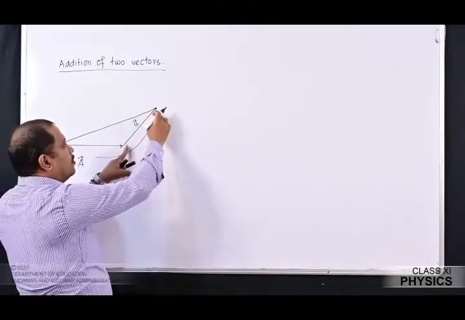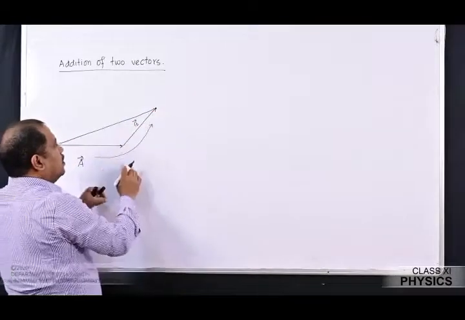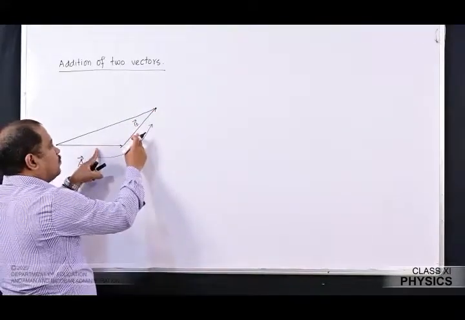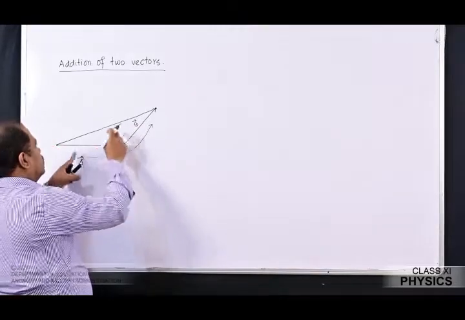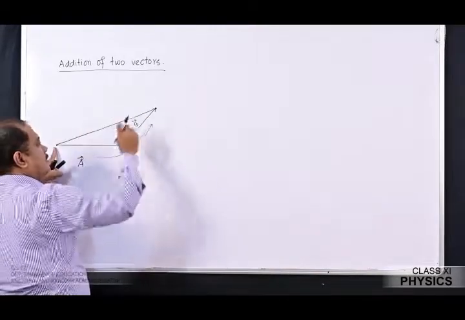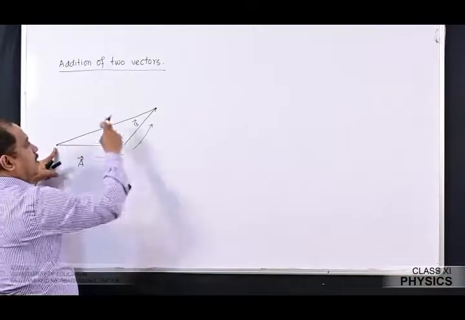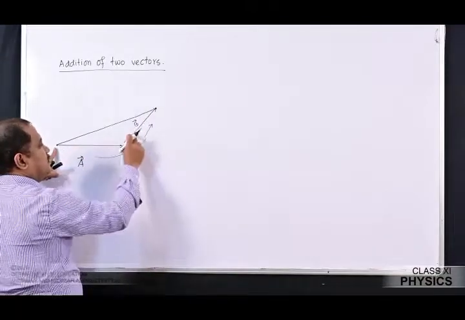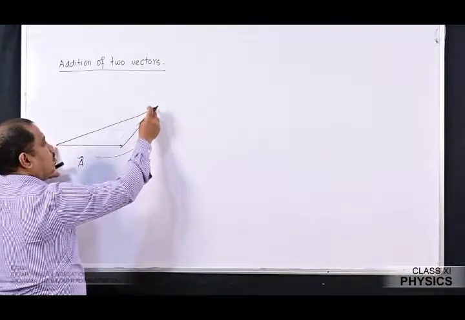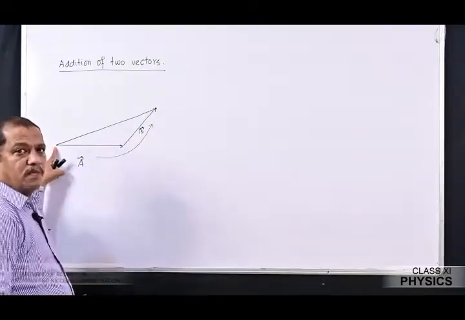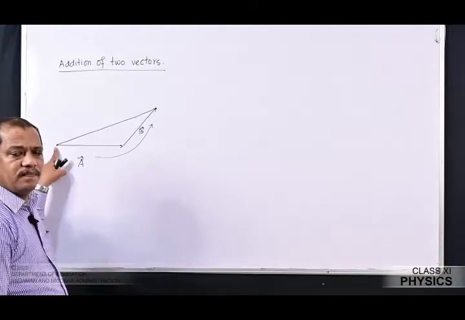Here this length would represent the magnitude of vector B. These two sides form two sides of a triangle. This line connecting the tail and head of the two vectors, this length would represent the magnitude of the resultant vector.